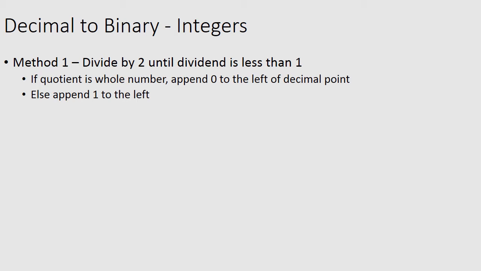So what I mean by that is, if we have a decimal number, let's say 25, and we divide that by 2, we get 12.5. And because the quotient, the 12.5, is not a whole number, we append a 1 to the left of the decimal point. So this is our result.